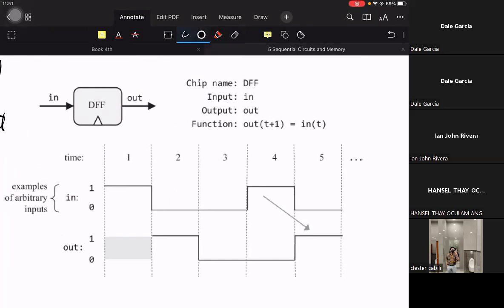So the output later is a function of the input now, or the output now is a function of the input earlier or previously. Either way: if now is t plus 1, then t is earlier, or if now is t, then later is t plus 1.